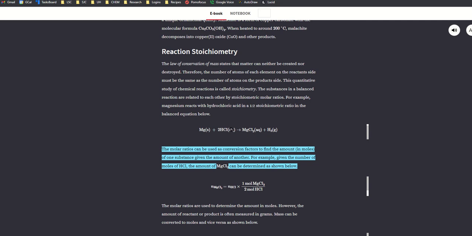And the way that this reacts is you have certain ratios. So you have 1 magnesium mole to 2 moles of hydrochloric acid. It's the same way how in a recipe, a cake recipe may call for, and I'm just completely making this up, don't take this seriously, I'm not a professional baker, let's say a recipe calls for 2 cups of flour, 1 cup of water. 1 to 2, right? 1 cup of water to 2 cups of flour.